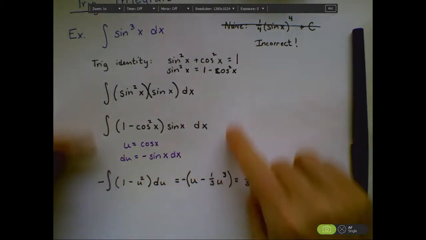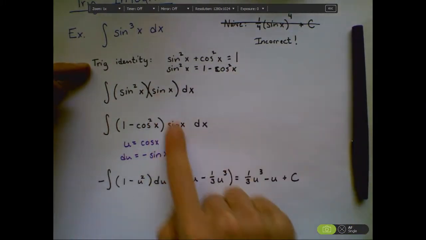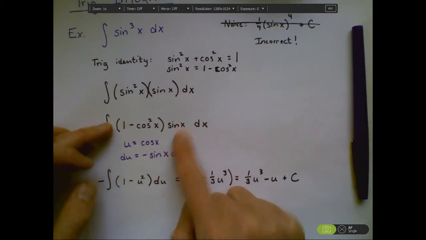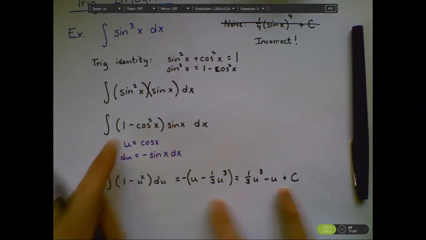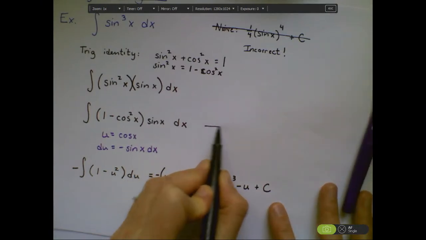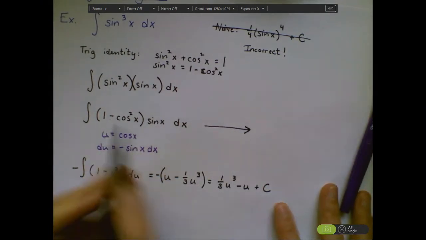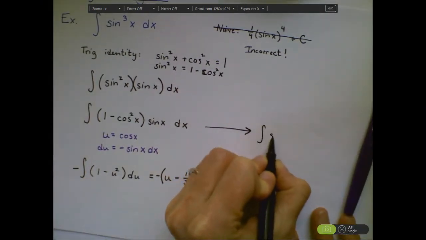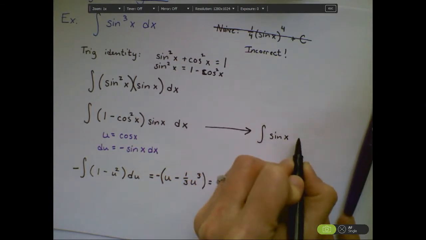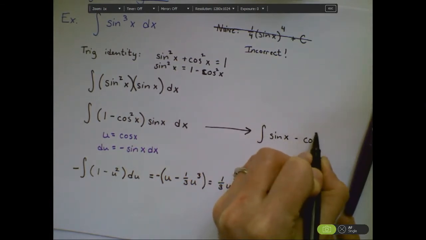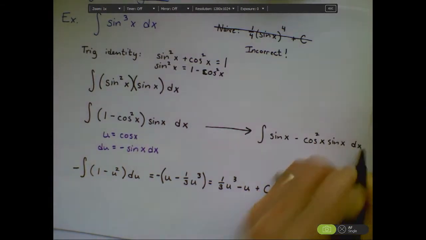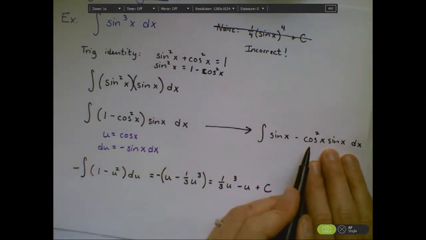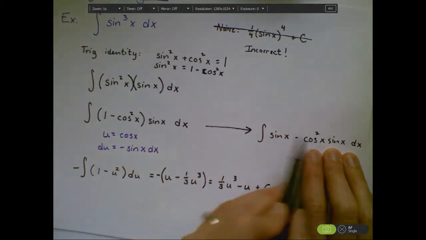So notice that we used a trig identity and pulled out something that would be our u to be able to integrate this. We could have done the u substitution in 2 steps, and this is something that I'll highlight quickly. I could distribute this and get the integral of sine of x minus cosine squared x sine of x dx. And I would still have to use a u substitution. I could just break this into 2 separate integrals.